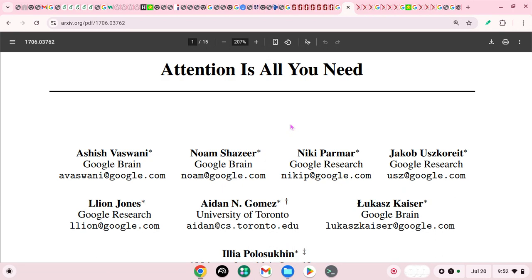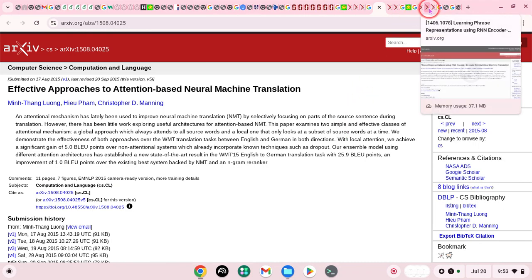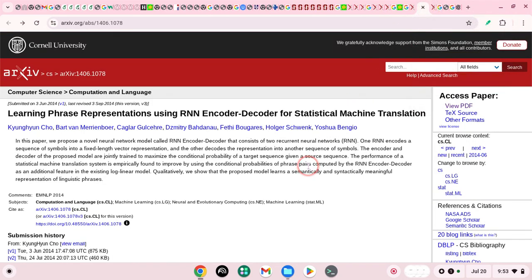This attention mechanism will also be seen through the paper called Effective Approaches to Attention-based Neural Machine Translation. Neural machine translation will also be introduced through the paper called RNN Encoder-Decoder for Statistical Machine Translation.